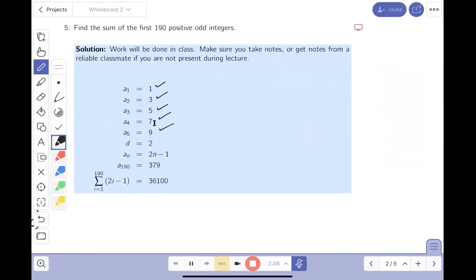So I'm going to write the formula down now. So AN is equal to A1 plus N minus 1 D. See if we can write this down. AN, what's A1? It's 1 plus N minus 1. And what's D? Well, look at the sequence. It's going up by 2.